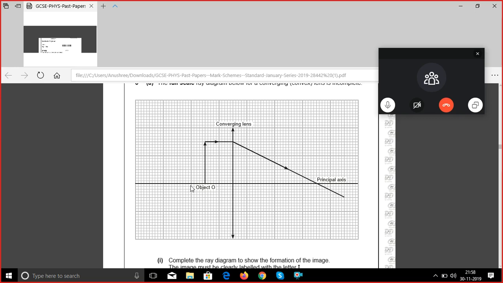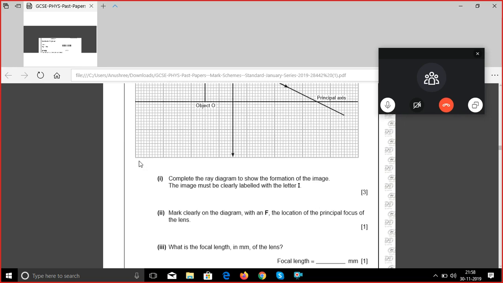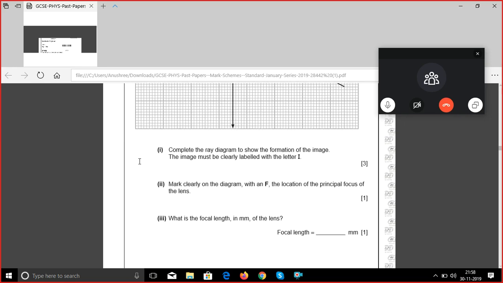Now moving on to the next one. So what is the focal length of the lens in millimeters? Yes, so draw, like calculate it.